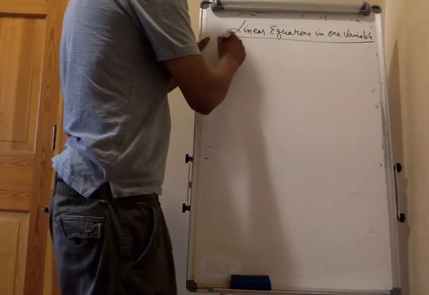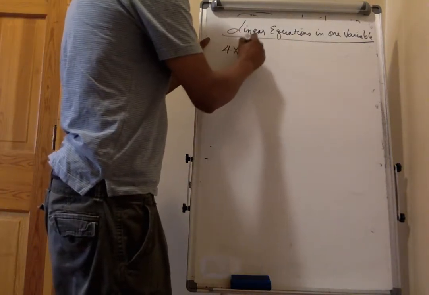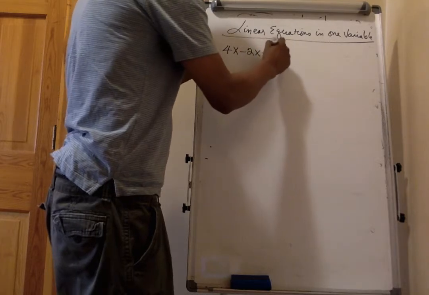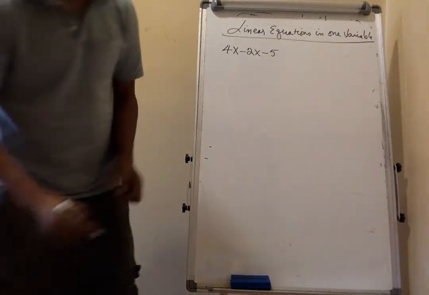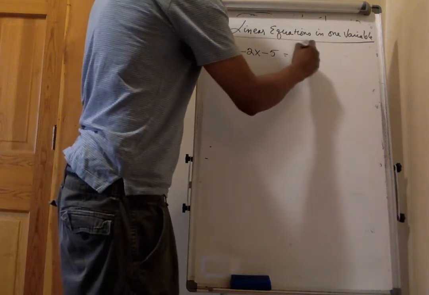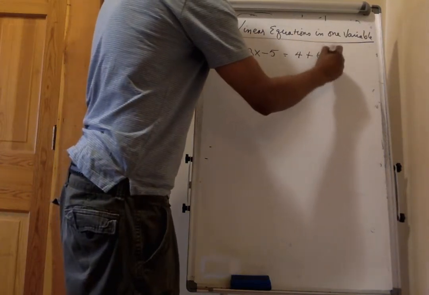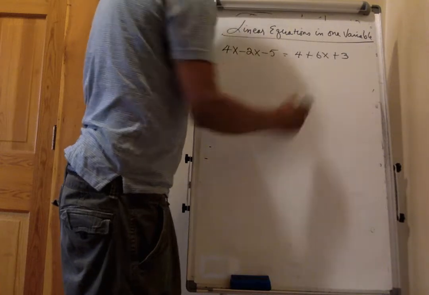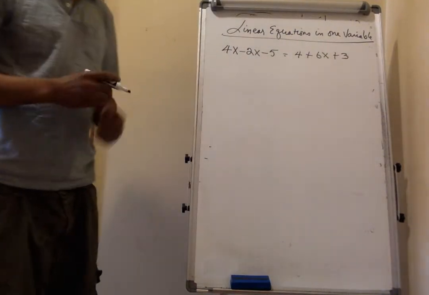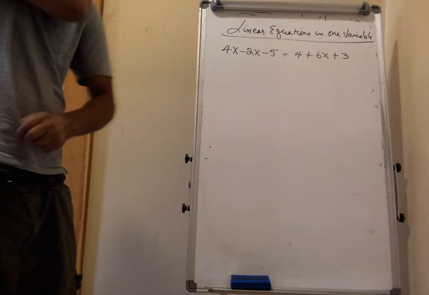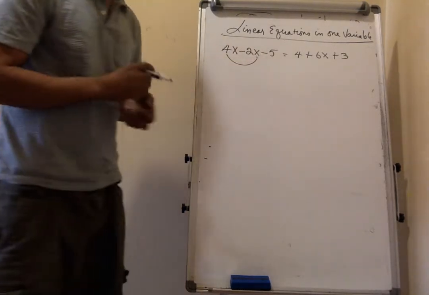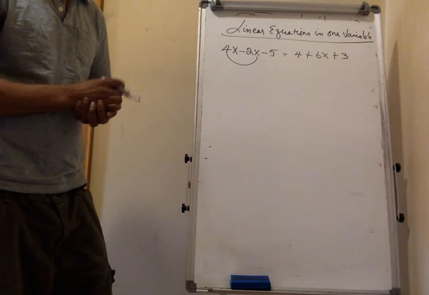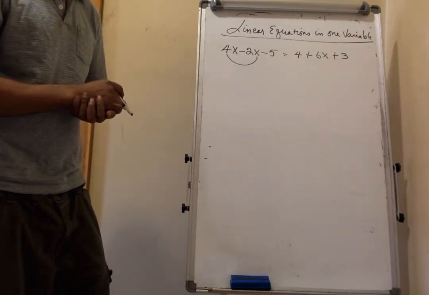You have now 4x minus 2x minus 5 is equal to 4 plus 6x plus 3. Again, we need to simplify it one at a time. I can combine 4x and 2x because they are of the same variable.